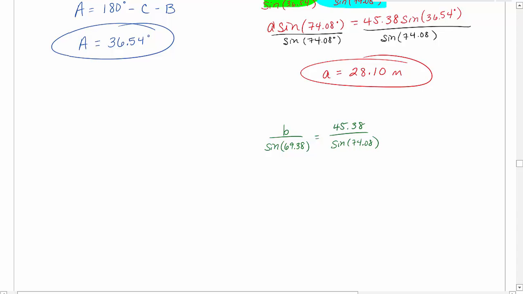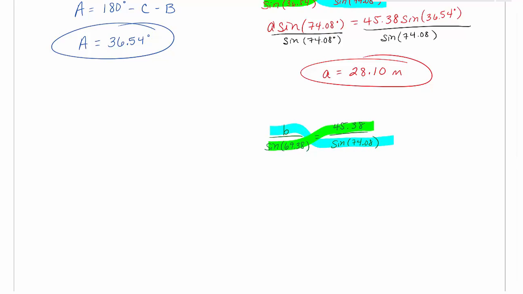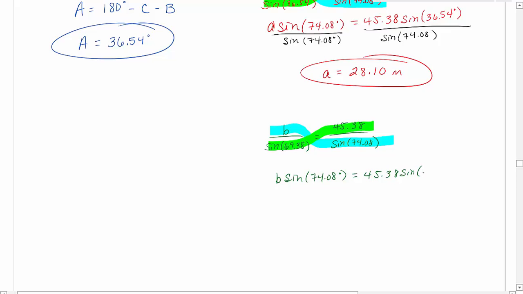And just like when solving for A, we're going to cross multiply. B times sine of 74.08 degrees is equal to 45.38 times sine of 69.38 degrees.